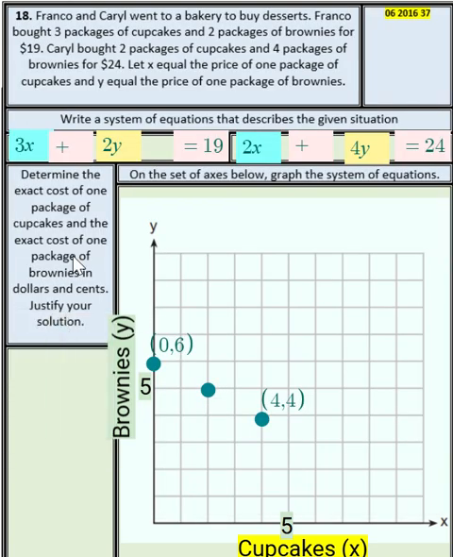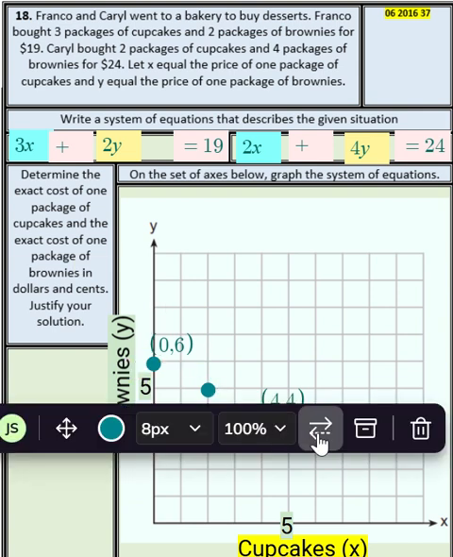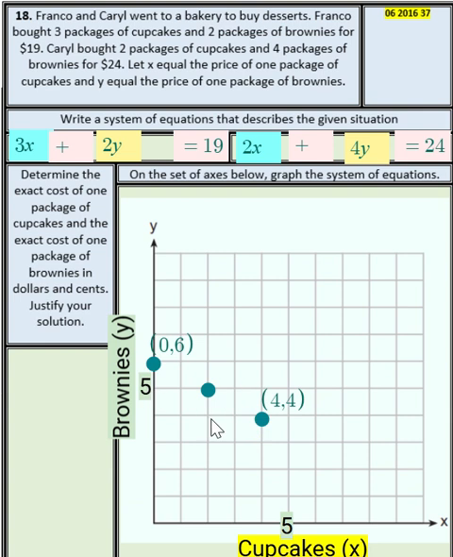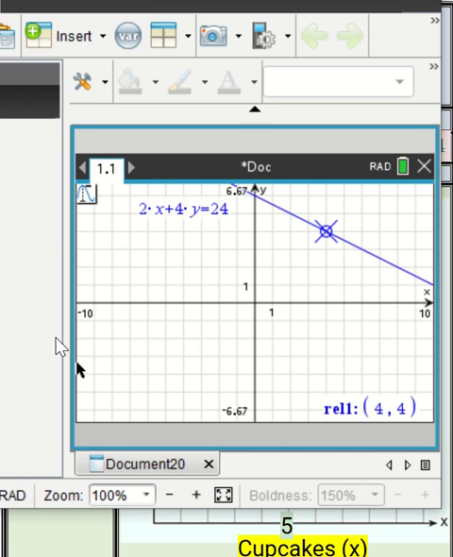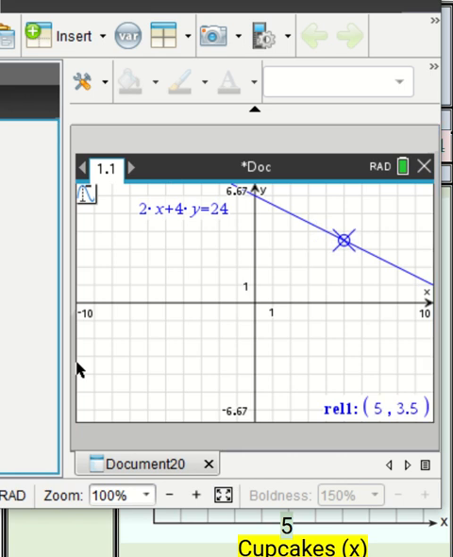I always try to label my y-intercept, and I want to have points along the graph to demonstrate that I'm actually graphing these appropriately, and make sure that you're using your lattice points. The nicer your graph looks, the better your chance you're going to get full credit for your hard work. Now, we'll go back to the calculator, get my next points.